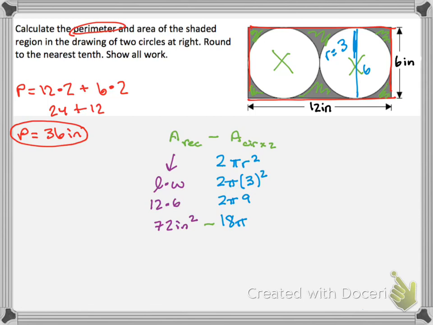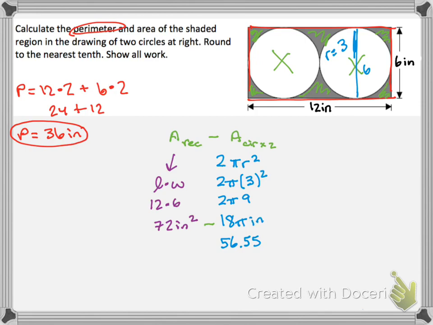Let's punch that into our calculator here. 18 pi is going to be 56.55 if I rounded. Now I hit the pi key in my calculator, so if you use 3.14 instead, your answer might be slightly different.